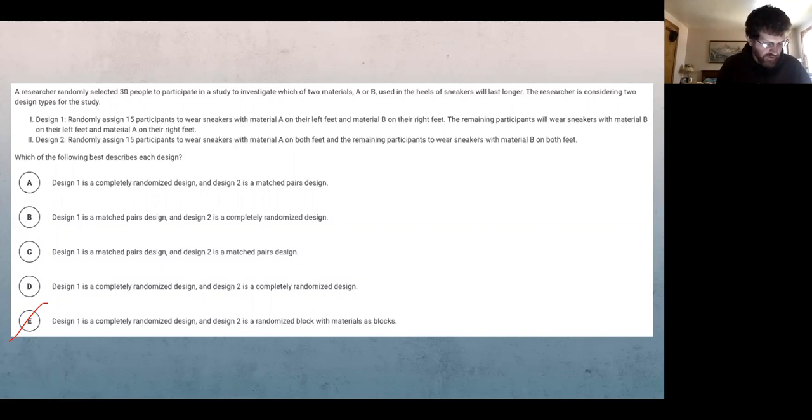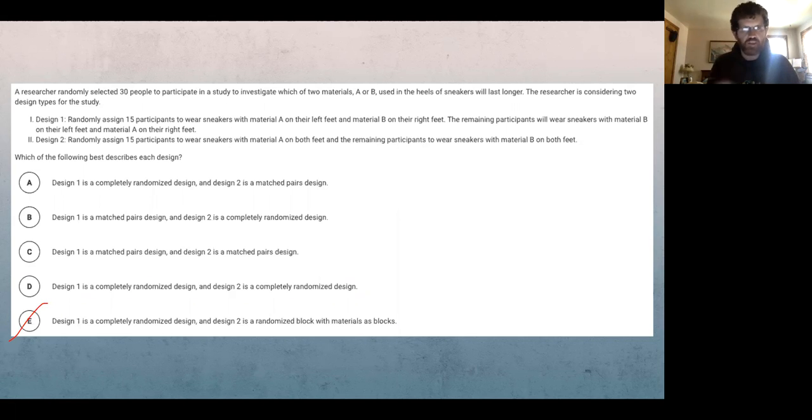But anyways, remember what matched pairs is: whenever you have 2 participants in the survey or in the study, in the experiment, that are similar, and you're going to assign randomly between those 2. You match them up into pairs, the 2 very similar ones. Now, and you randomly assign. So in this case, one person actually has 2 participants.